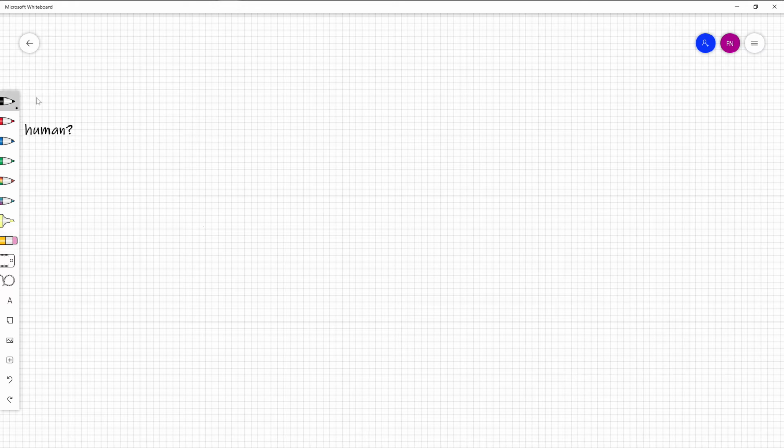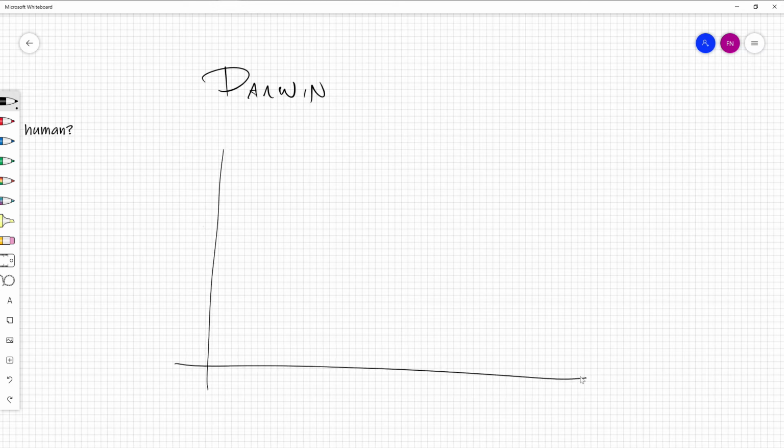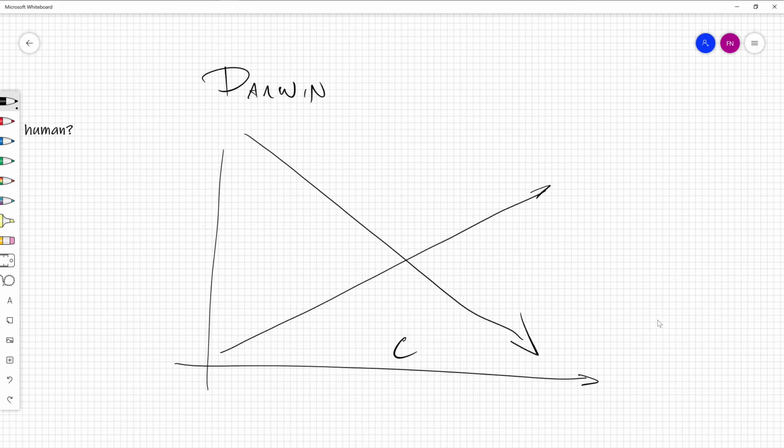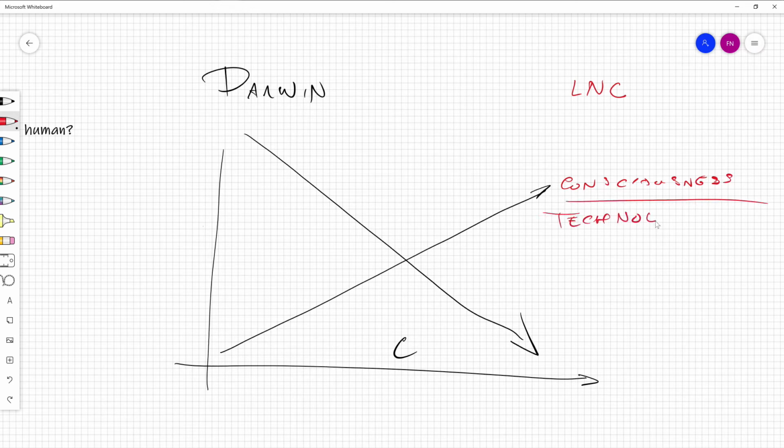Okay, I promised we would go back to Charles Darwin, and we're going to do that again. If you recall, we said that in the Darwinian model, as complexity increases, consciousness grows, instinct diminishes. We want to add that, particularly in a life negative culture, as consciousness increases, so does the need for more advanced technology.